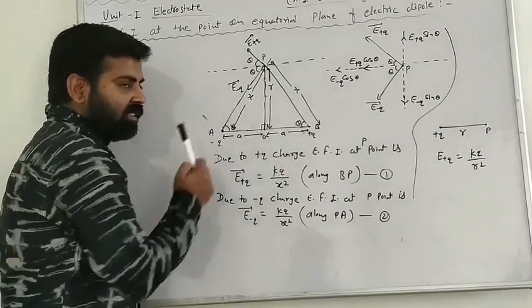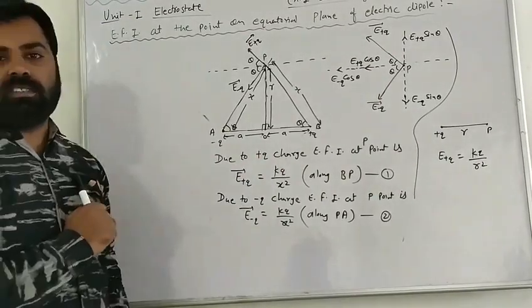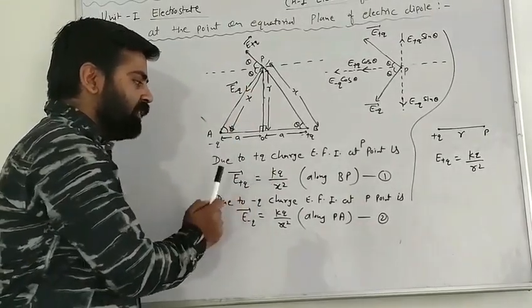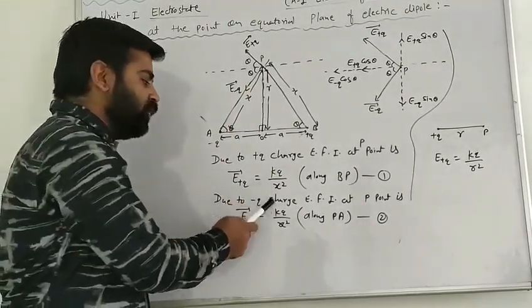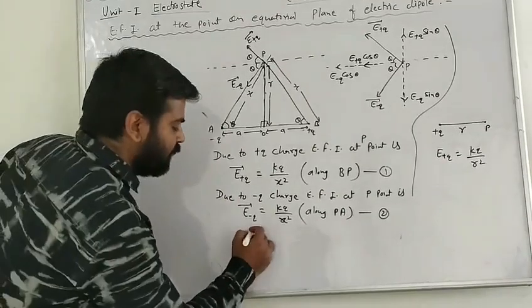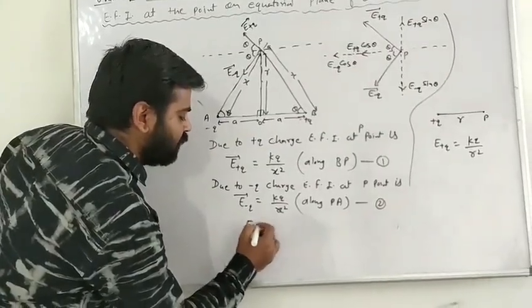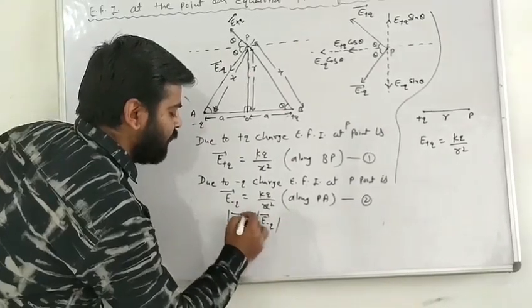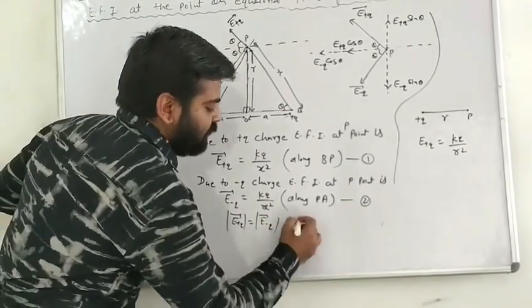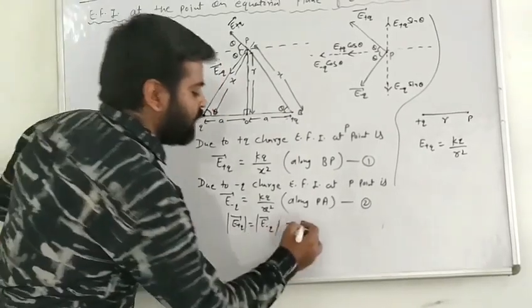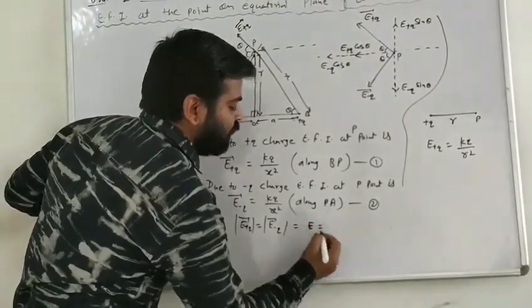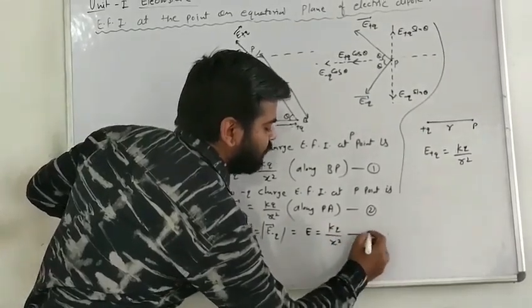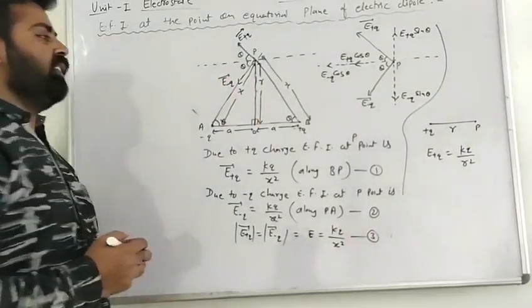So E plus q is equal to E minus q. The magnitudes are the same, which can be considered E, equal to kq upon x square. This is equation third.